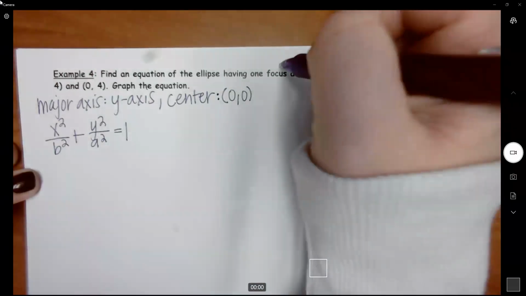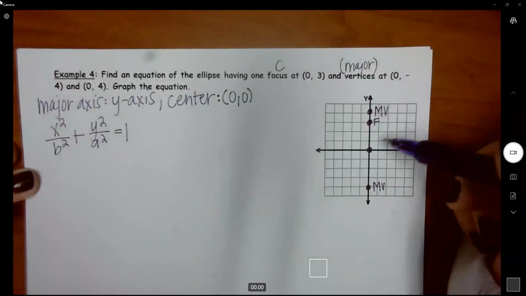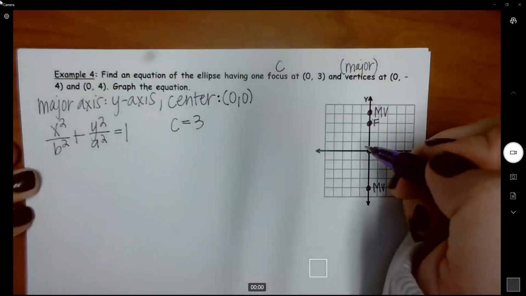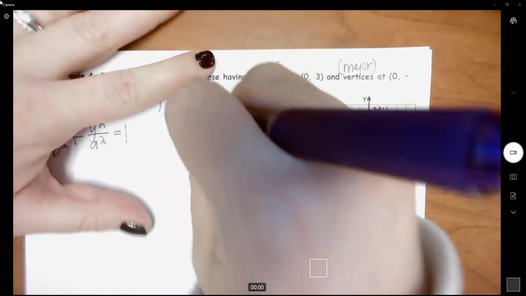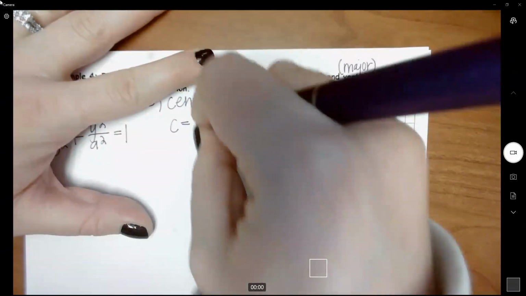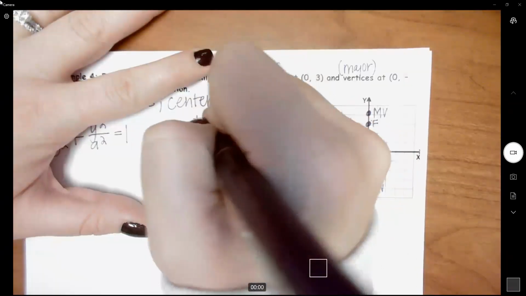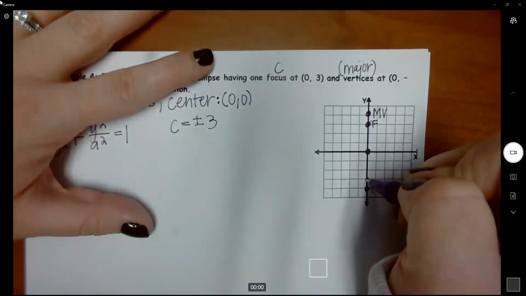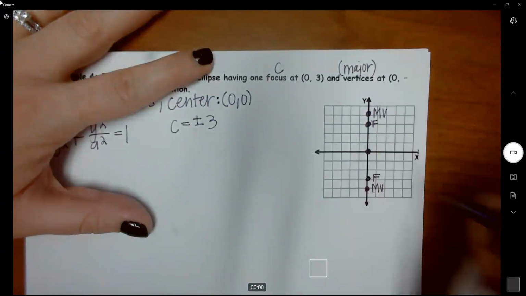So my focus is always labeled as C. From the center to the focus, C is 3. And really, let's go ahead and just make that plus or minus 3, right? So I actually know that my other focus is down here.